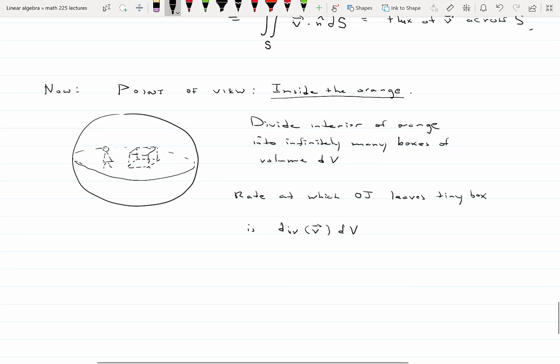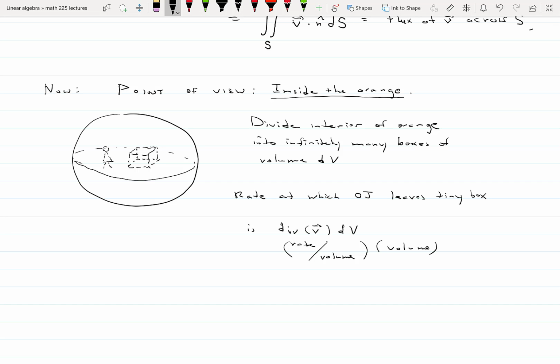Okay, remember the divergence gives you flux density. It gives you rate per unit volume. That's divergence, and dV is volume. So the rate at which orange juice leaves that one little tiny box is divergence of V dV.